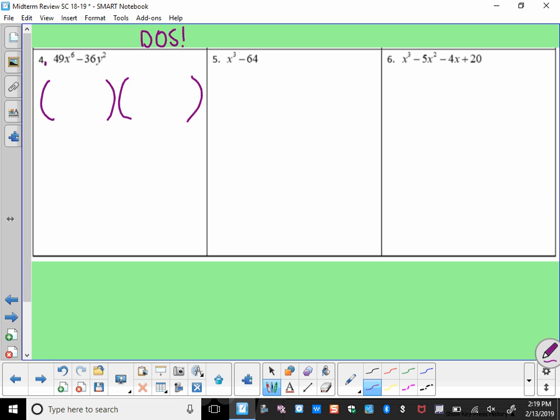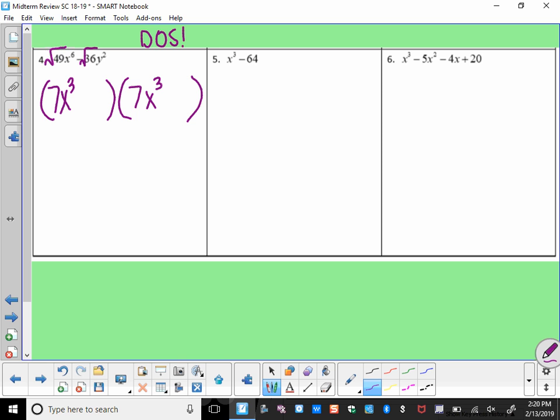What's the square root of 49? 7, so a 7 goes in both parentheses. I'm going to take my exponent and cut it in half. What's x to the 6th in half? X to the 3rd. And then I have 36.